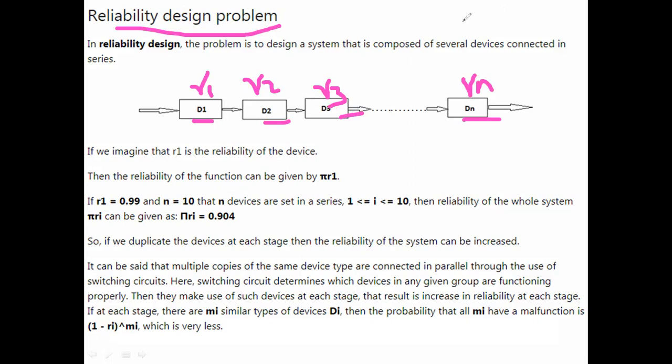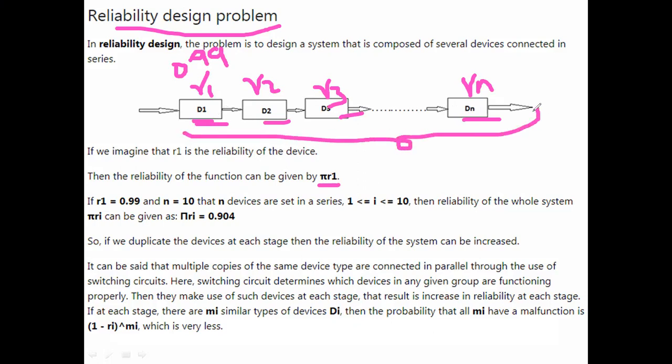So the reliability of the function is the product of the Ri. Suppose R1 is 0.99.